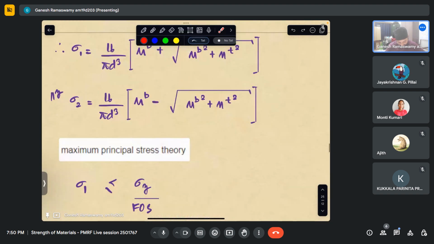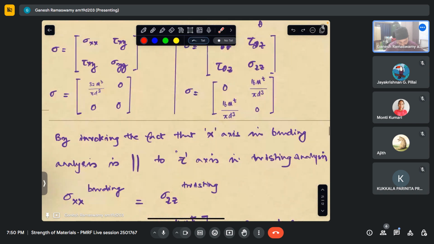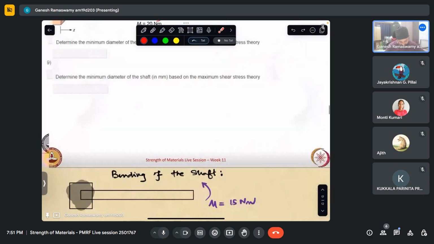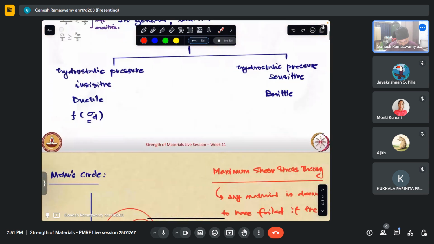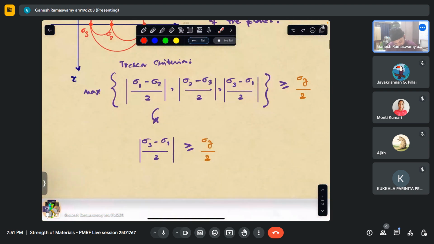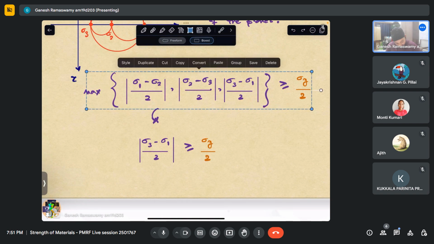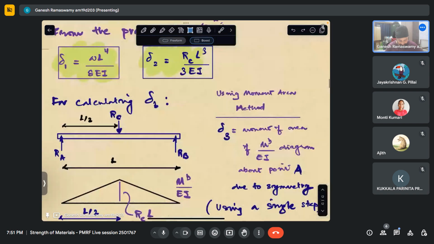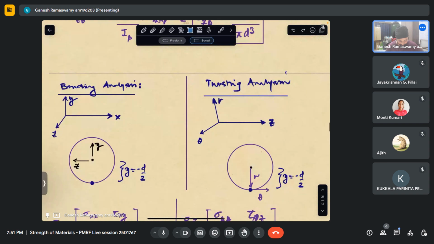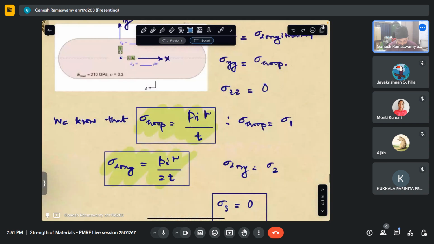I remember having put it somewhere. So this is Tresca yield criteria.